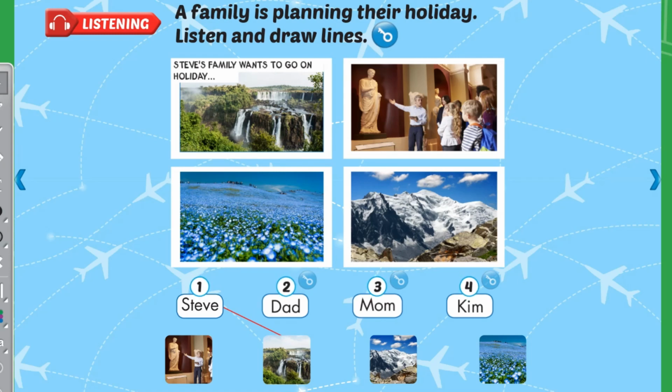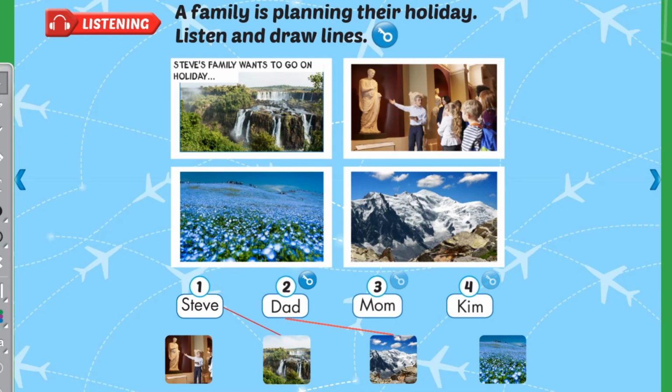All right. So, what are the things that you've heard? Right. They are planning their holiday. Well, did you hear where Dad wants to go? He said he wants to see the mountains. And Mom, where did Mom want to go?